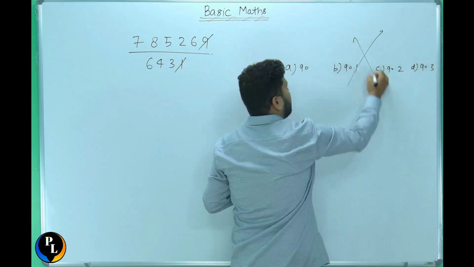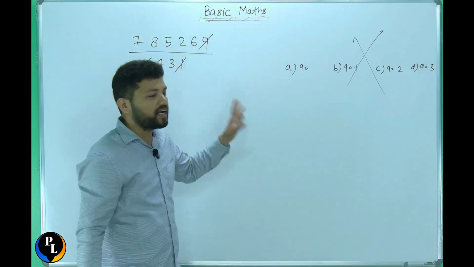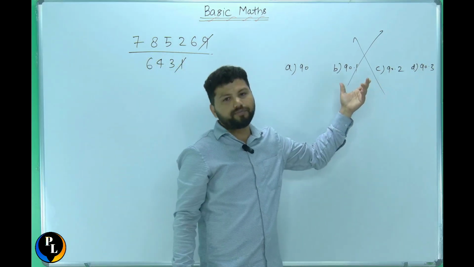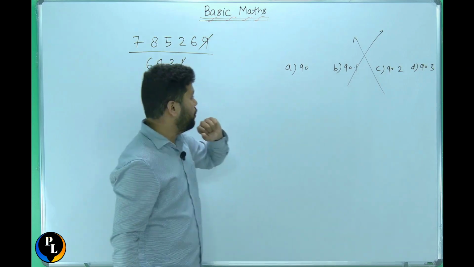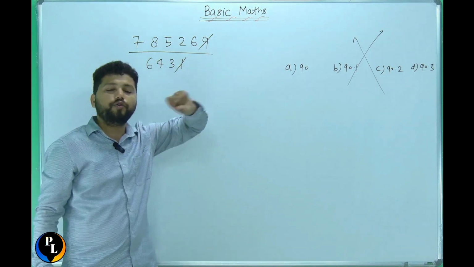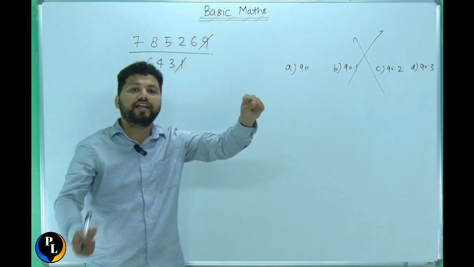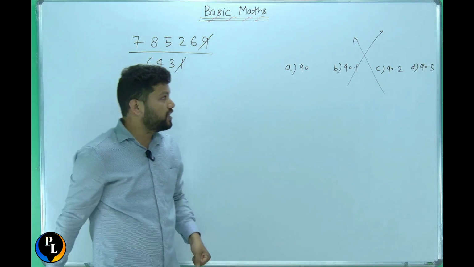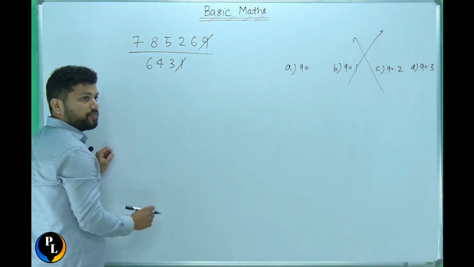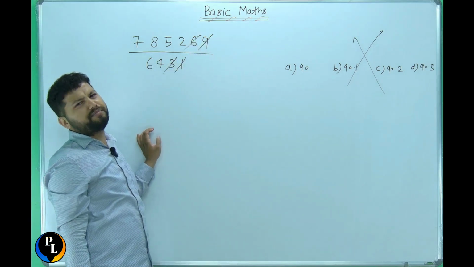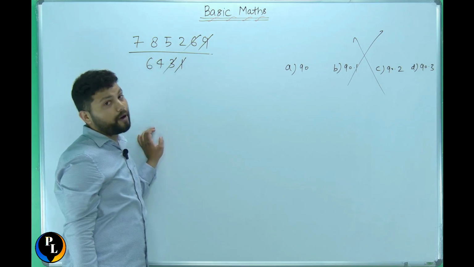You will never find this kind of option. Options will not be so close, rare of the rare. So we can cancel 1 and 9, no problem in that. Our aim is to reach towards the accurate answer. Clear? Now again we can cancel 3 and 6. Sir, again you are doing the same thing. Yes, you can do it, no problem in that.